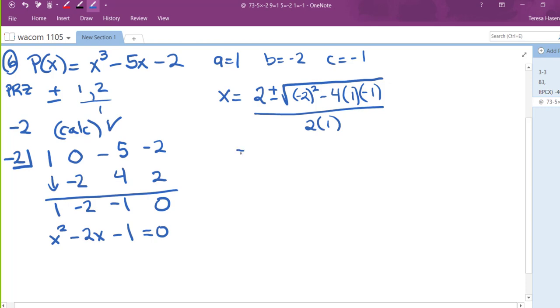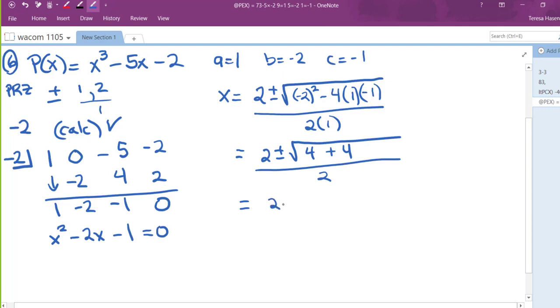And we can clean up. So 2 plus or minus, this will give us 4, and we'll multiply here. This is going to give us a positive 4, and this is over 2. So we have 2 plus or minus square root of 8 over 2.